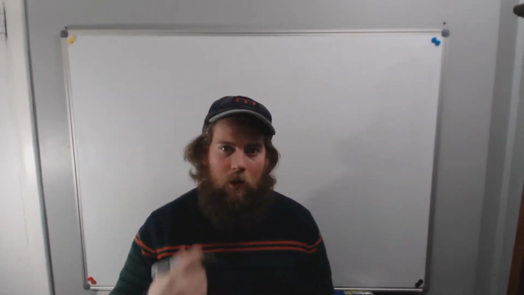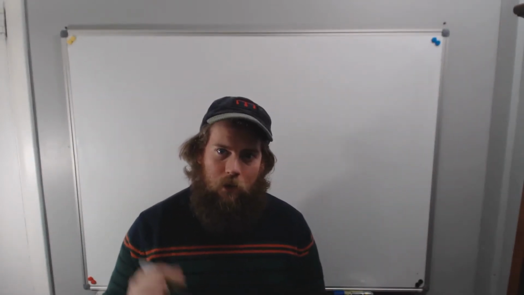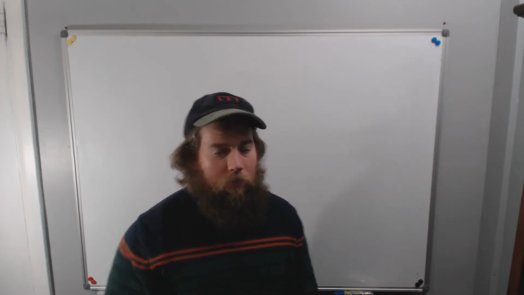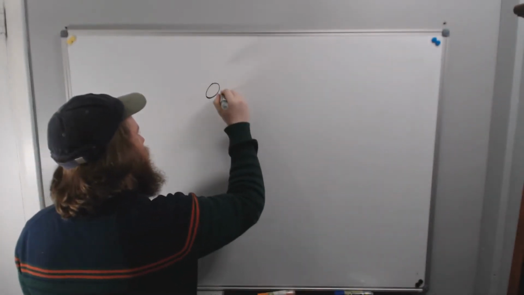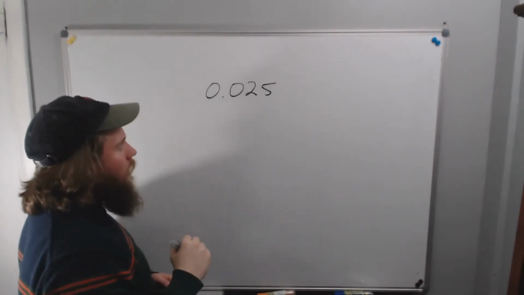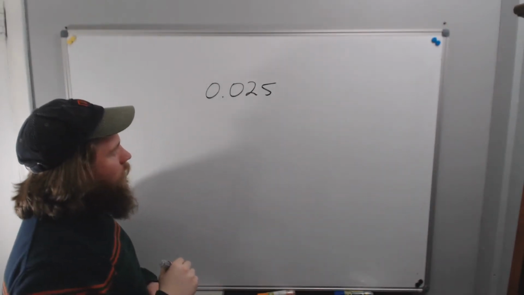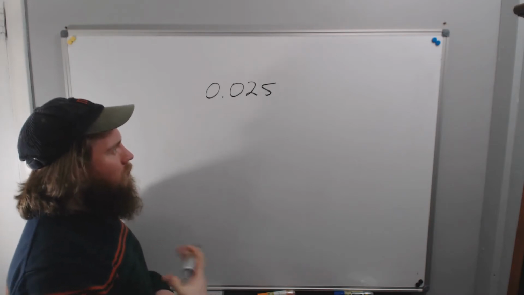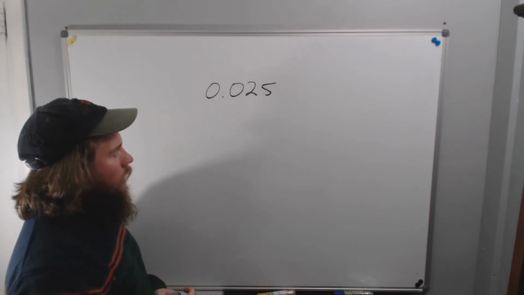Okay, guys. So the next example, they give us the decimal. All right. So they give us 0.025, and I think that it's probably easiest to just go right to the percentage.